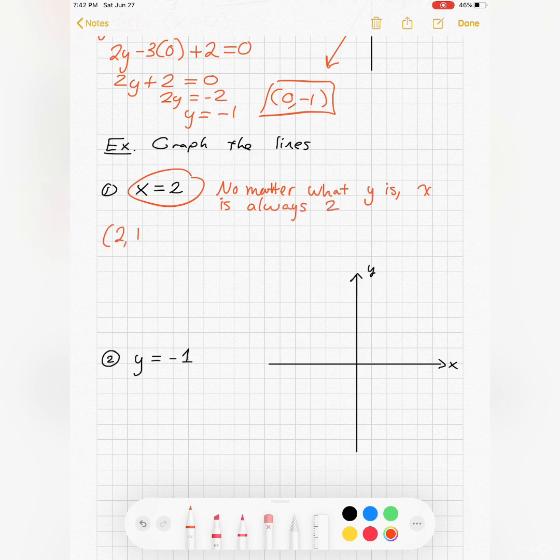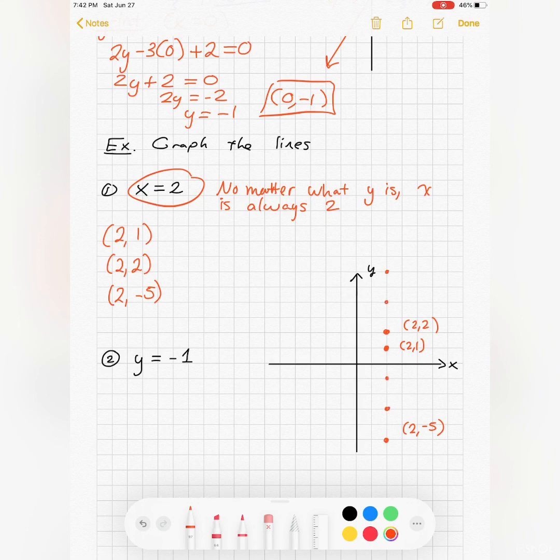So I can pick any y value as long as the x is equal to 2. So look, here's 2, 1. Here's 2, 2. Here's 2, negative 5.